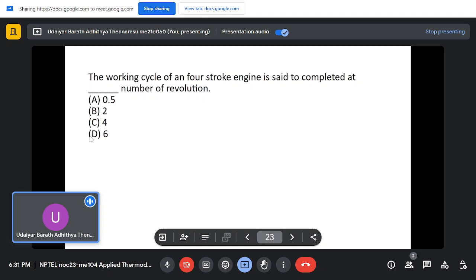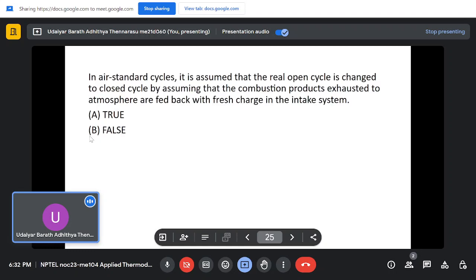It will move from top dead center to bottom dead center to top dead center. So there are four movements. Each revolution will have 2 movements. So 4-stroke will take 2 revolutions. So in 2 revolutions it will complete a 4-stroke cycle.